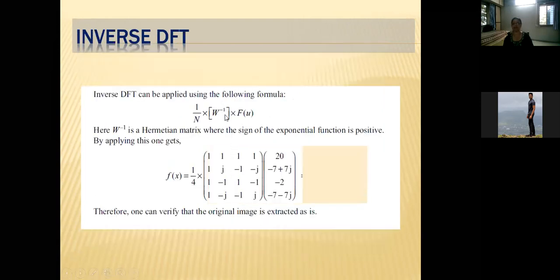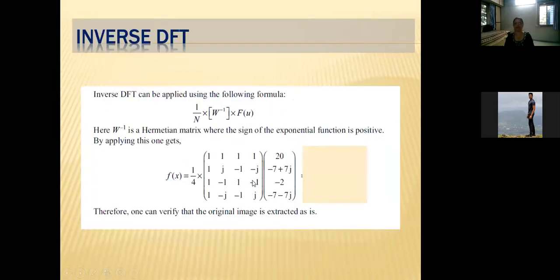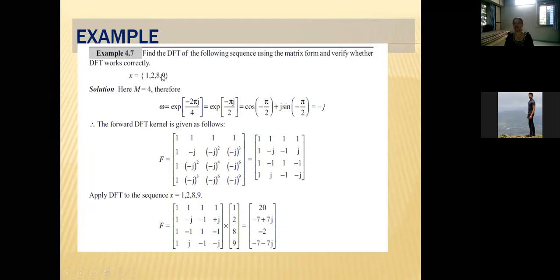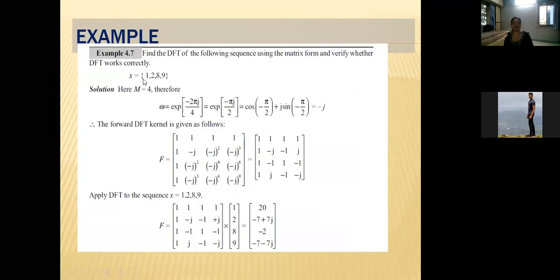Applying the inverse transform means multiplying your transform coefficients with this W inverse matrix. If you perform this multiplication, you will get the same result as 1 2 8 9. Please perform this matrix multiplication and verify that you are getting the original sequence 1 2 8 9.